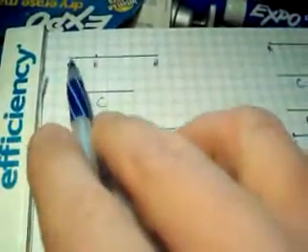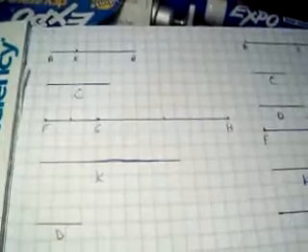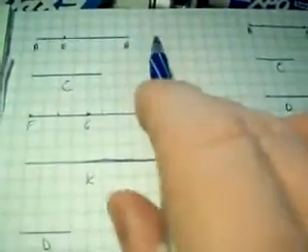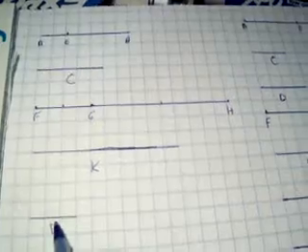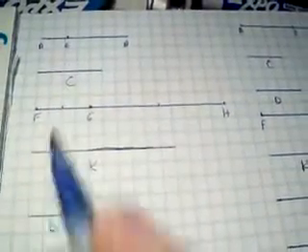Line AB is going to be greater than C. So once again, here's AB, and here's C. And then we're going to have another unequal magnitude. You see D here? D is not the same size as C, and D is not the same size as AB.